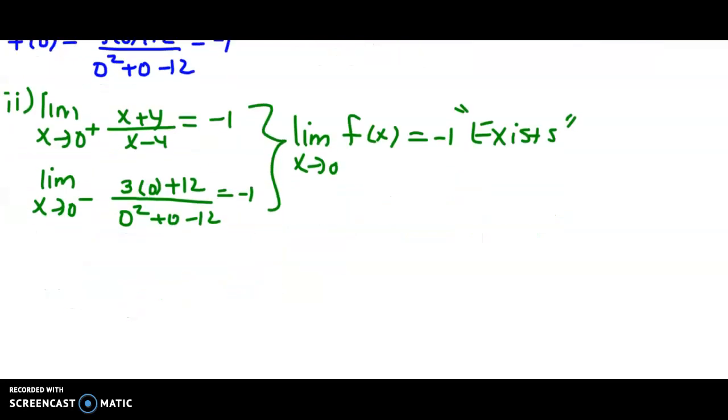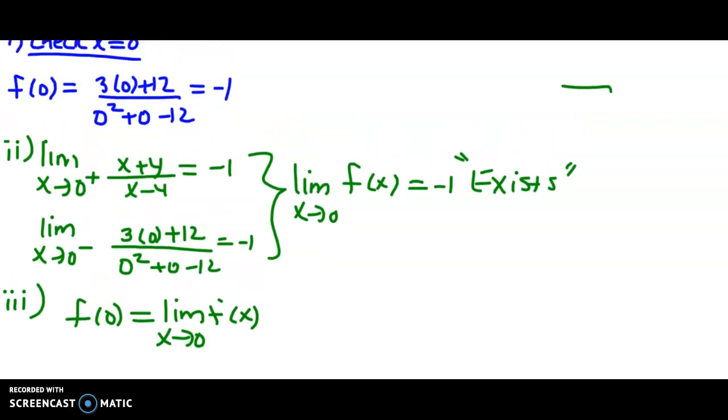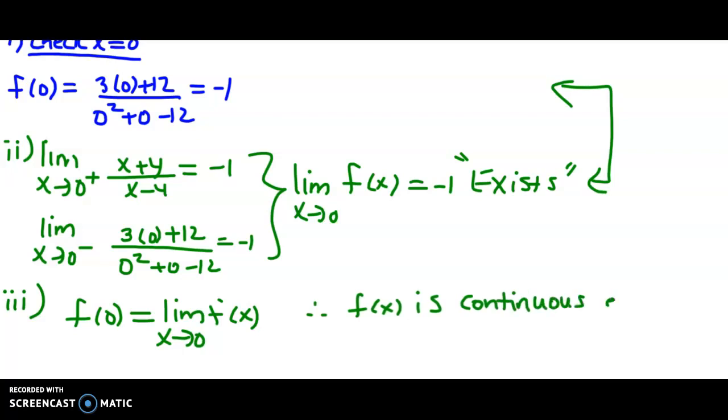The third and final statement is f of 0 must equal the limit as x approaches 0 to be continuous. And in my case, if I look at the two values, I can see that is true. So f of x is continuous. There's no holes, there's no asymptotes, it is continuous.